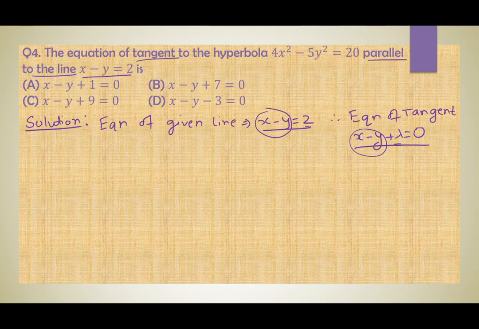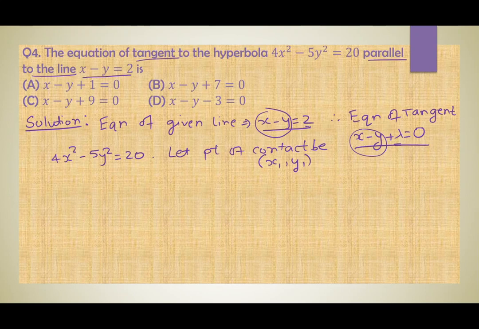Now, let's apply step 1. Differentiate the given curve. The given curve is 4x square minus 5y square equal to 20. Is the point of contact given to us? No, it's not. So let the point of contact be x1 comma y1.